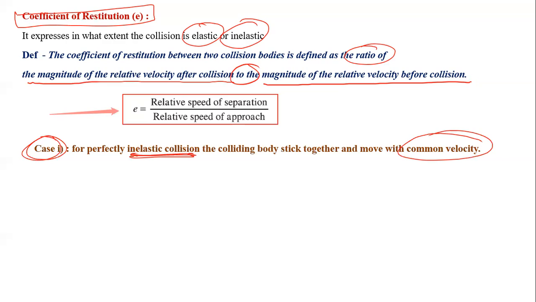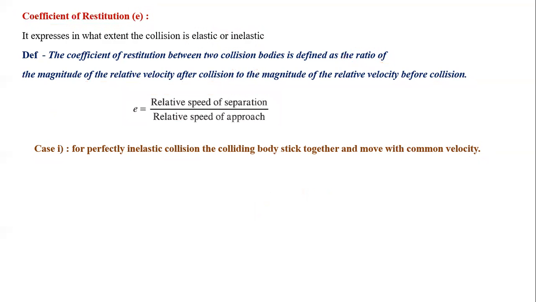This is the first object, this is the second object, with their initial velocities. They stick and move with common velocity, meaning the final velocity of both objects is the same. So V1 is equal to V2.